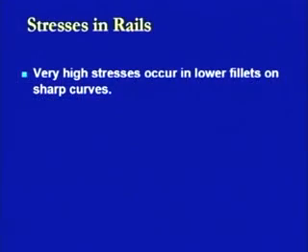Apart from these, there is another condition where high stresses occur in the lower fillets on sharp curves. Now, as we have seen again when we discussed the coning of the wheels, there is a condition where there is a sharp curve, or any curve which is being provided, on which the train or the wagon or the locomotive is moving, and due to the rigidity of the wheelbase by which the two axles have been combined together, there is a sort of relative movement between the trailing axle and the facing axle.